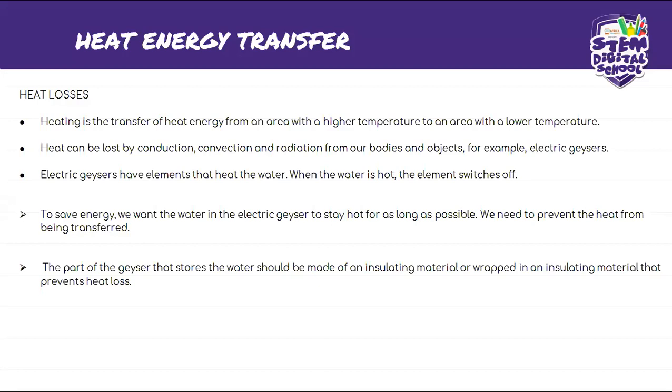But in the other way around, as you use up the electricity more and more, you are incurring a cost. So some appliances or gadgets are used to produce heat, but when they produce the heat, they are supposed to insulate themselves so that the heat is maintained for a long time.